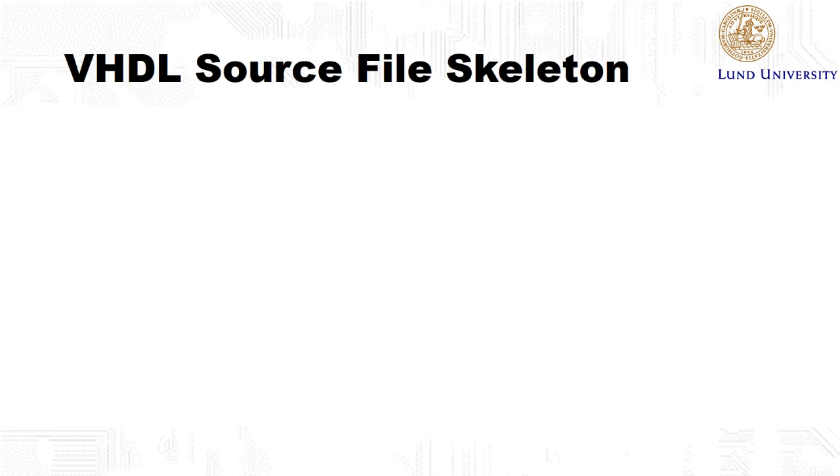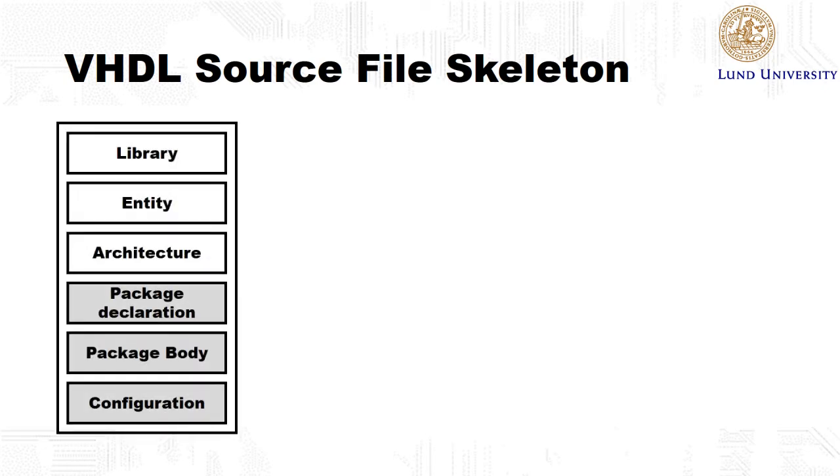VHDL is a text-based hardware description language. So that is, we input our description in plain text. So this is the basic skeleton of a VHDL source file. First we have the library part. In this case we include a library IEEE, and then we make use of some of the features in this library.